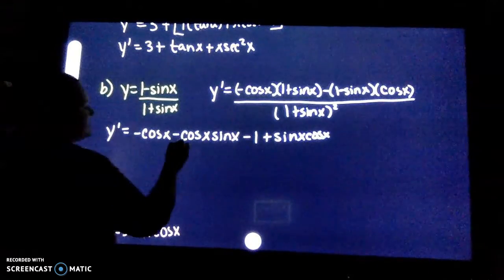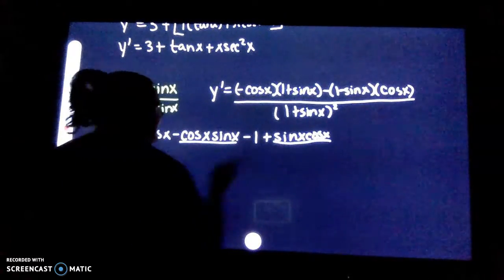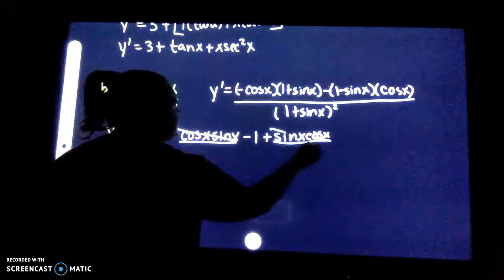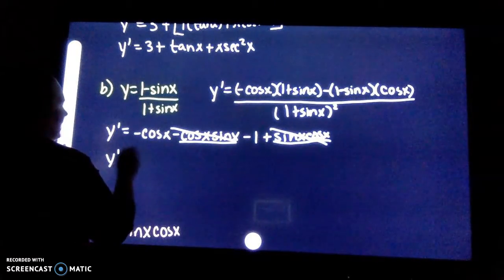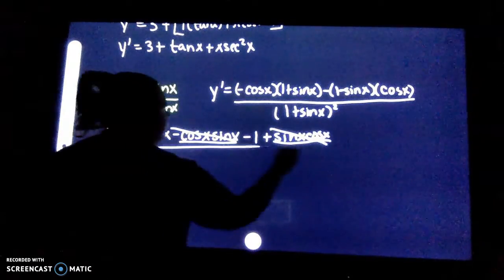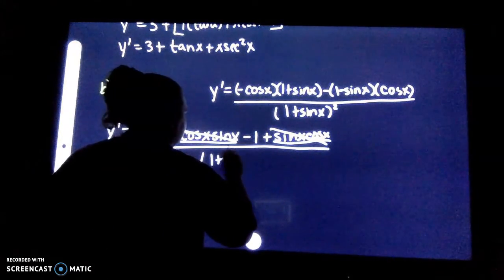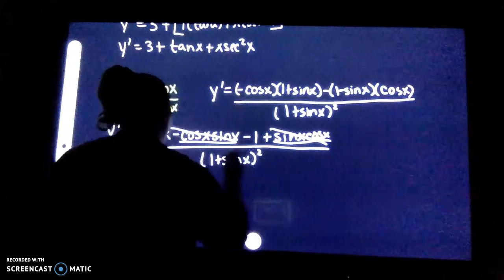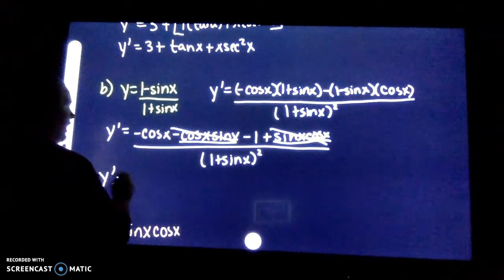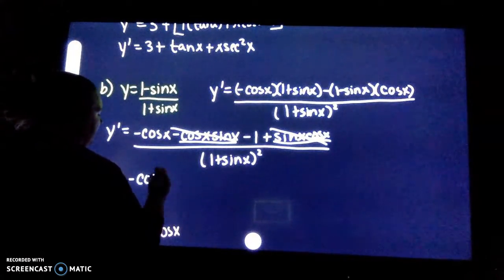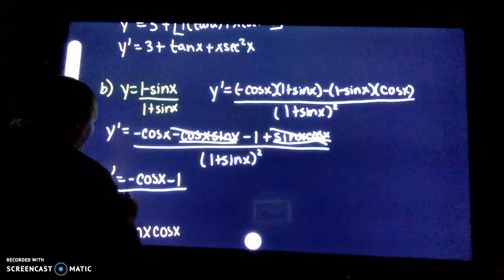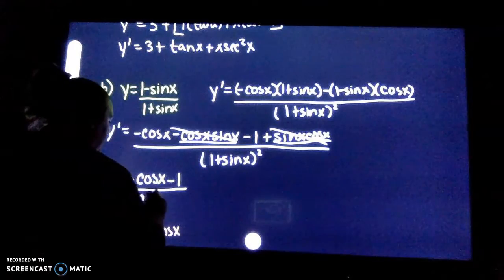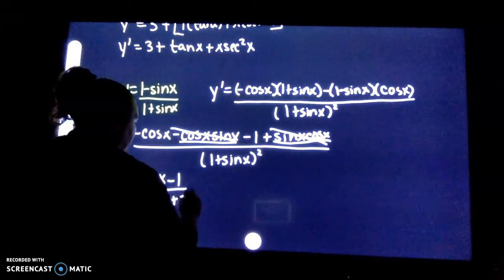The really cool thing is this and this are the exact same, so they cancel each other out since one is positive and one is negative. So I'm just left, don't forget about our denominator. In my numerator, I'm just left with negative cosine x minus 1 over, and then I can go ahead and FOIL out my denominator, which is 1 plus 2 sine of x plus sine squared of x.